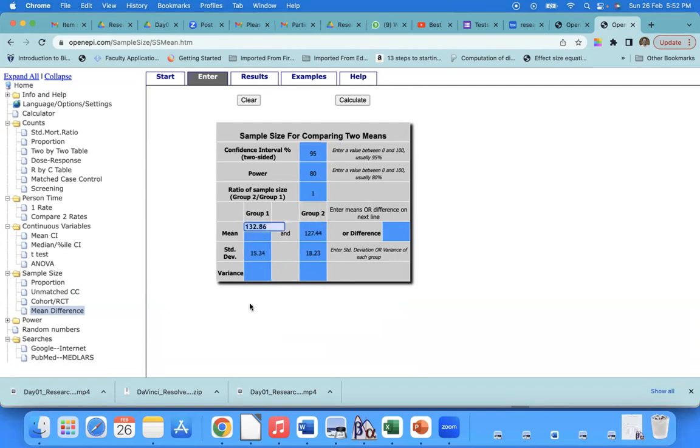The mean hemoglobin value of pregnant women may be 11.3, with a standard deviation of maybe 1.8. So if a comparative study is done for a continuous variable, then this method should be taken, whatever the study design. This will be the way of calculating sample size for comparing the mean values, comparing a continuous outcome.